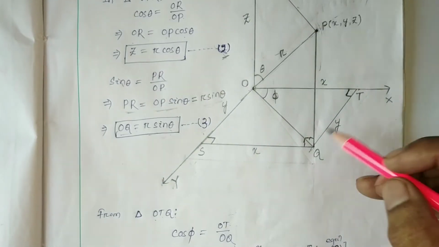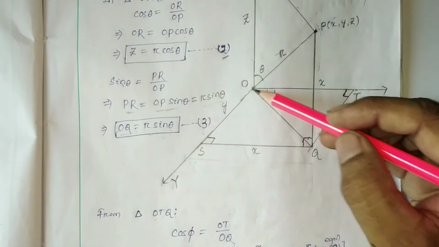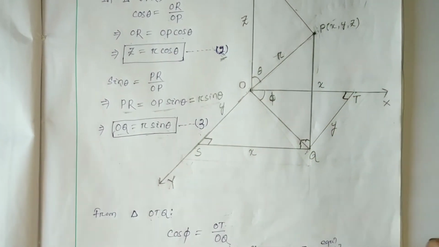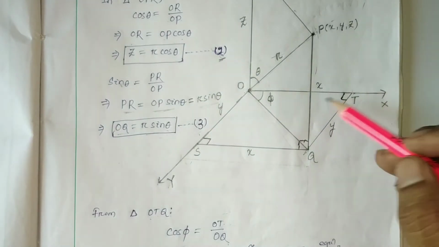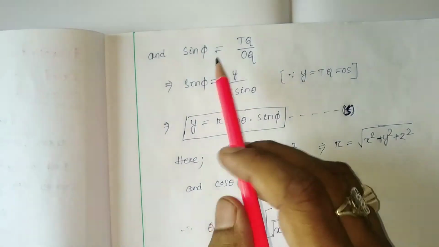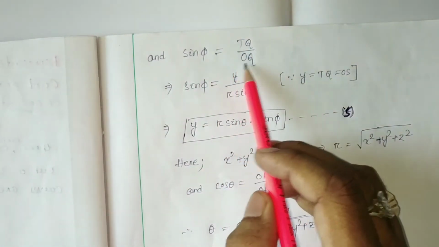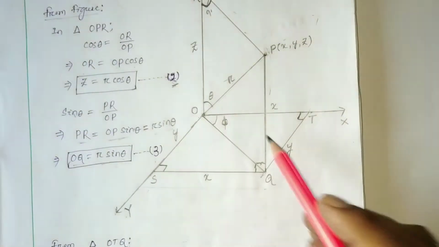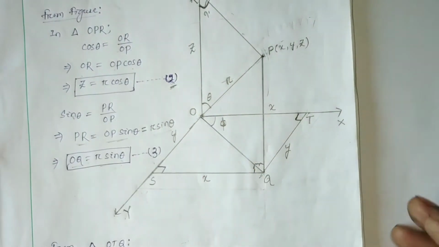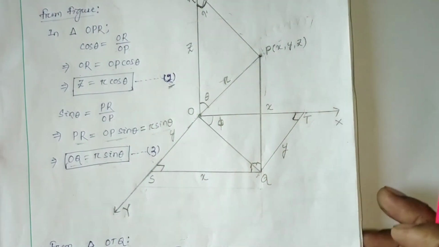Sin phi means QT by OQ. So obviously QT will be OQ into sin phi. TQ by OQ is the sin phi for this triangle.